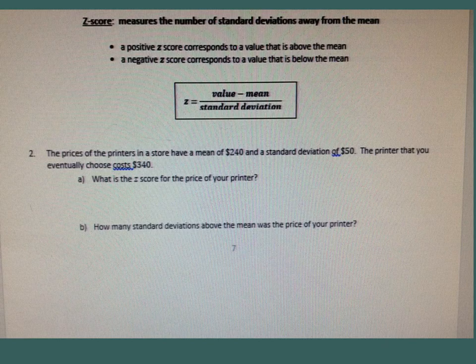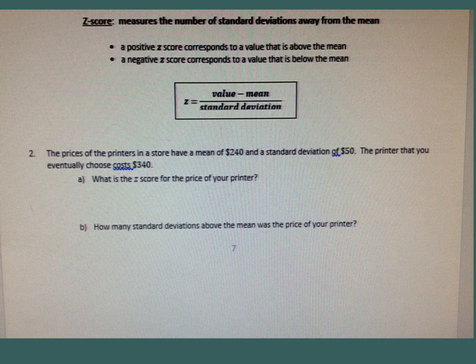Now, sometimes a score may not fall exactly 1 standard deviation above the mean or exactly 2 standard deviations below the mean. So what we do is we use this formula right here, and this formula helps us find a z-score. And a z-score just measures the number of standard deviations that your score or your data point is away from the mean.